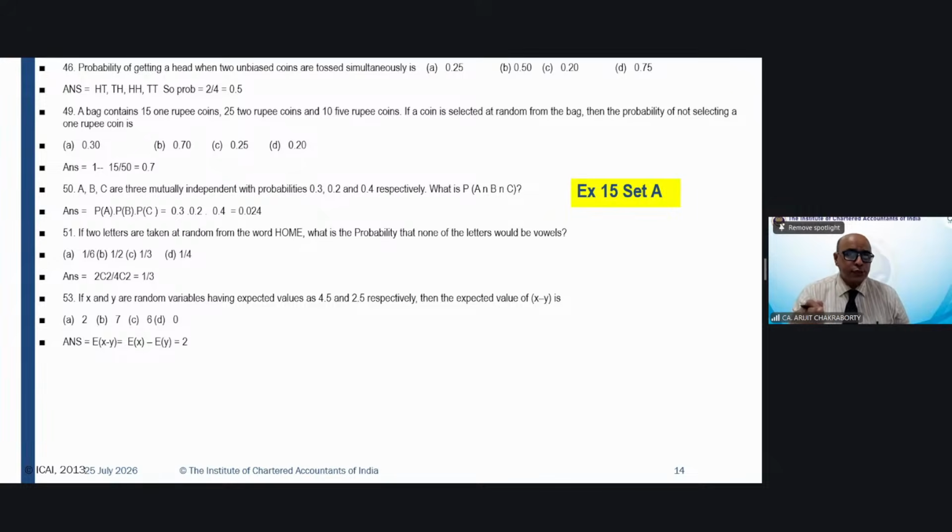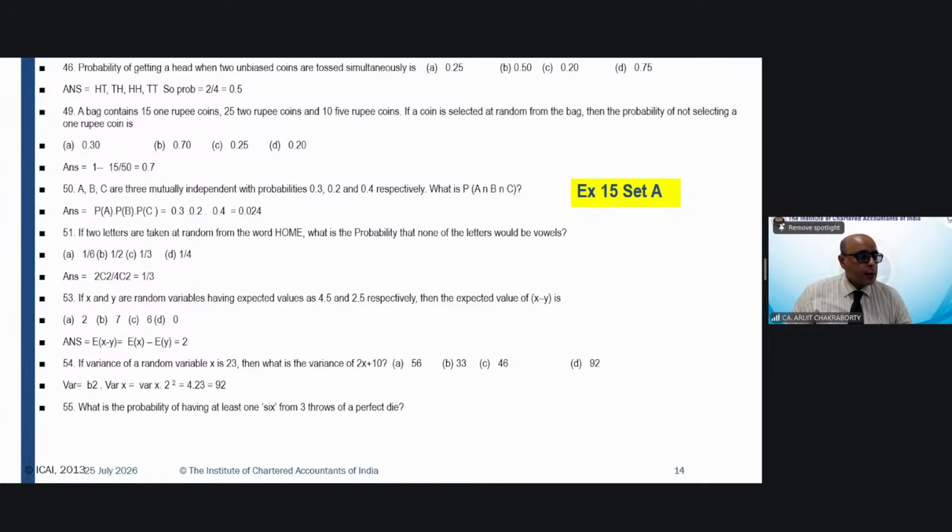Similarly, if the question says find E(x minus y), it is just E(x) minus E(y). We subtract the expectation of y from the expectation of x. So here E(x) is 4.5 and E(y) is 2.5. So E(x minus y) is simply 4.5 minus 2.5, which is 2.